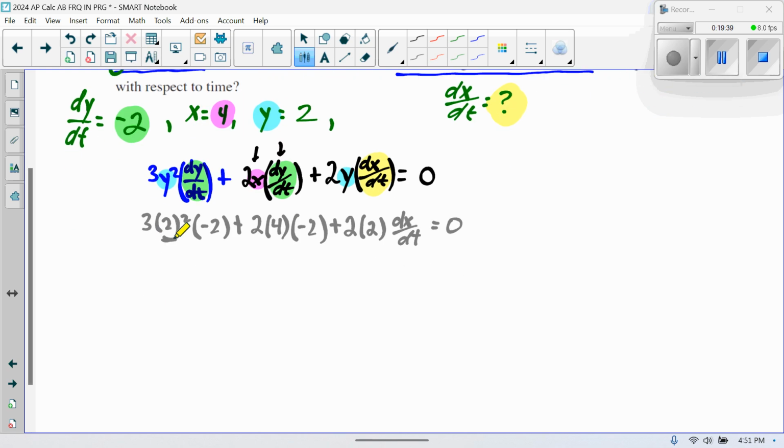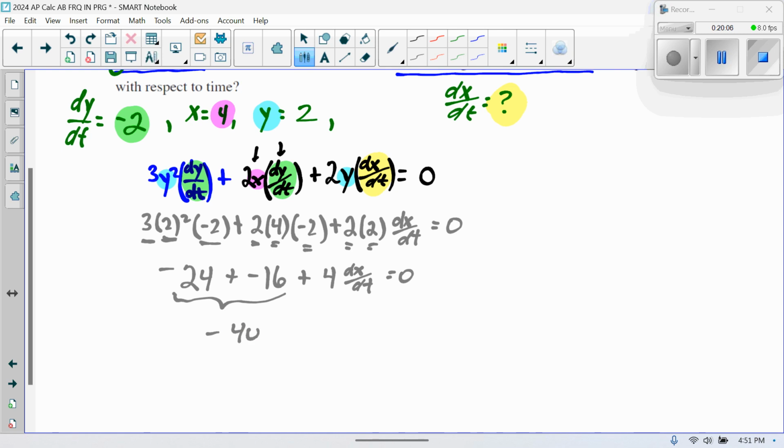2 squared is 4. 4 times 3 is 12. Times negative 2 is negative 24. Plus, negative 2 times positive 2 is negative 4, times 4 is negative 16. Plus 2 times 2 is 4, dx/dt, equals 0. If I combine these two, I get negative 40 plus 4 dx/dt equals 0.